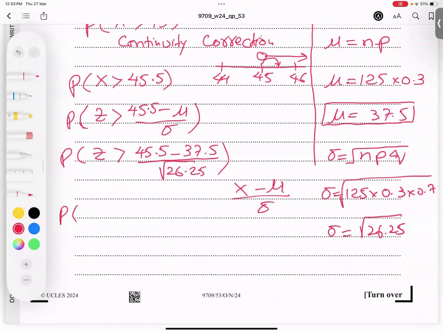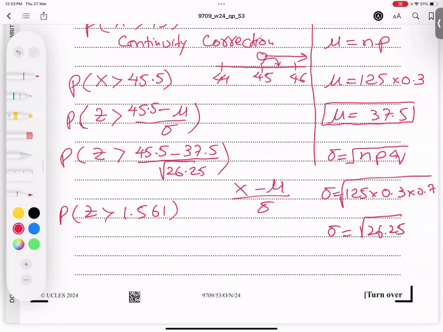Now if I type this in the calculator, confirm 45.5 minus 37.5 divided by root of 26.25, it turns out to be 1.561. Students, we always have to write this to 3 decimal places, make sure.